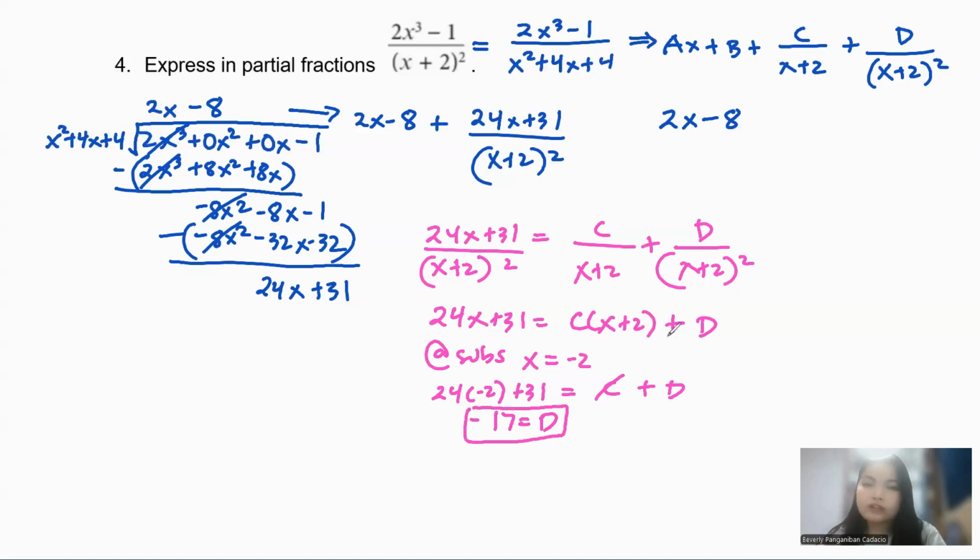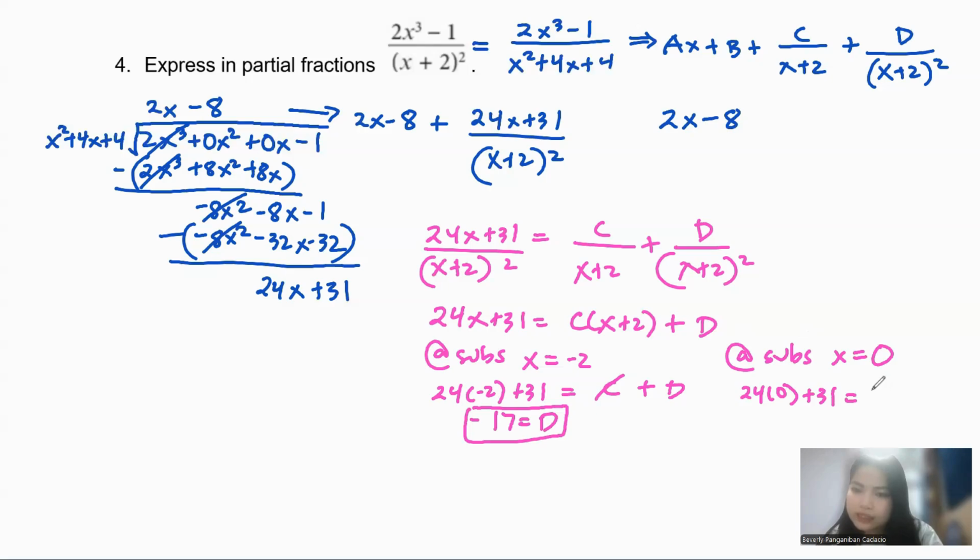Okay, next I'm going to substitute. There's nothing forced to substitute, but you're going to think now of the easiest number to substitute. And I will be using 0 there. So 24 times 0 is actually just 0, you don't need to really write that.